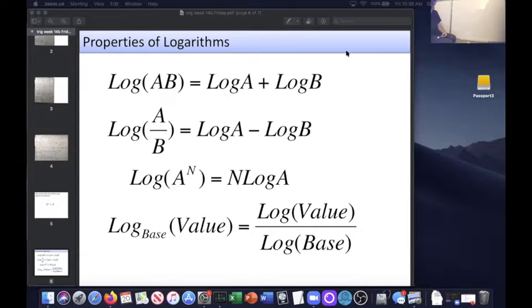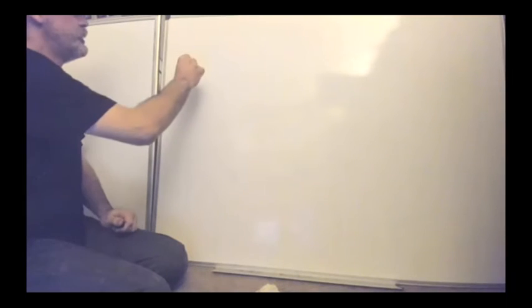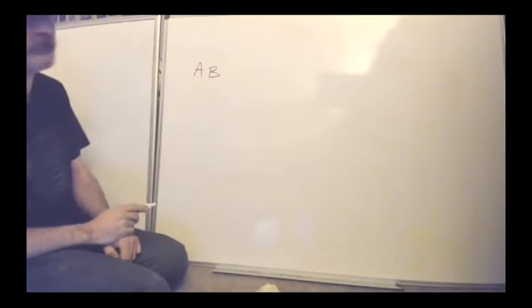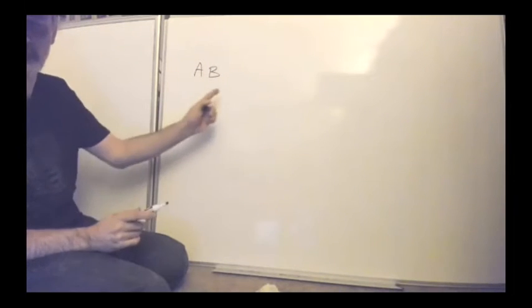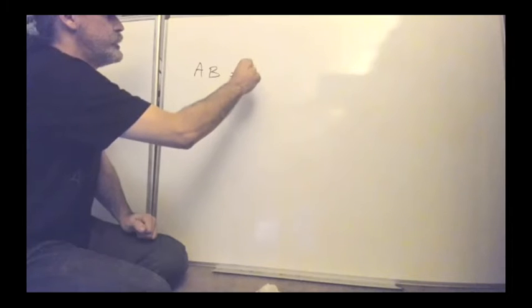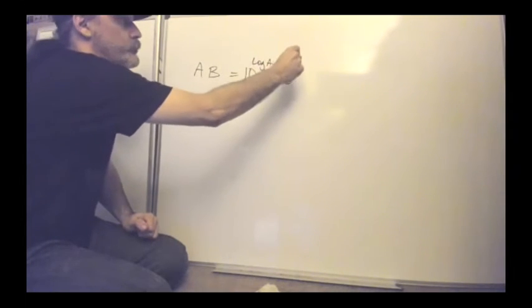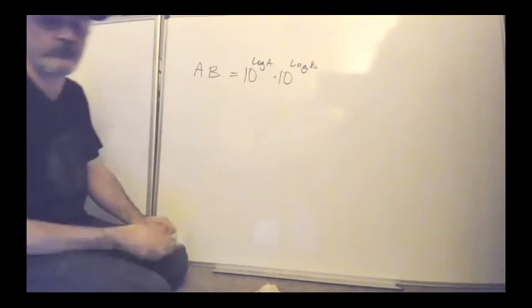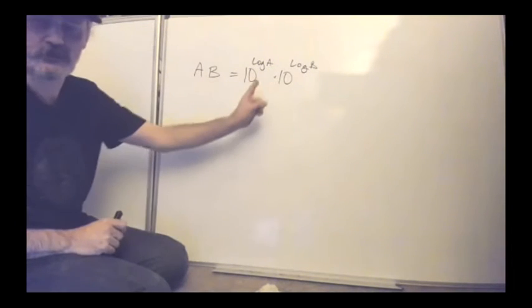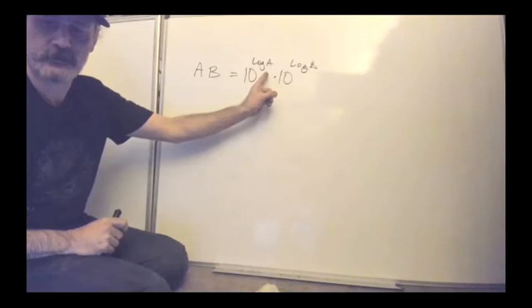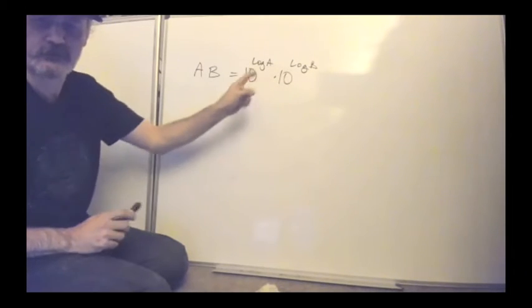Okay, so let's say we're multiplying two things, a, b. Okay, if we change this to base 10, then 10 log a represents a, 10 log b represents b, right? And what do you notice? When you convert to base 10, you add the exponents.